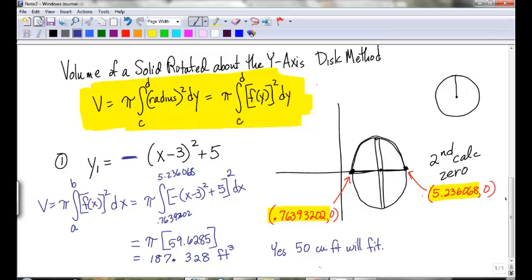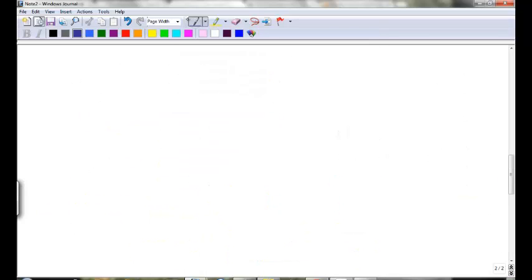Now, what are they rotating it around? They're rotating it around the line y equals 1. They are not rotating it around the x-axis. So that throws in a little bit more. First they want us to find the volume of the donut. So clear out this one.